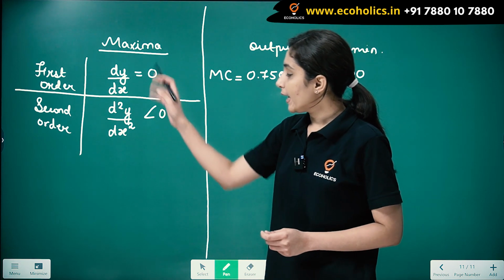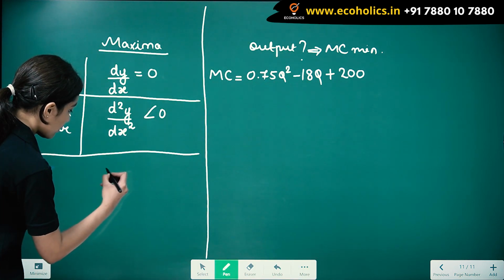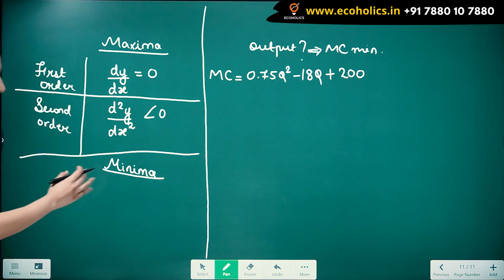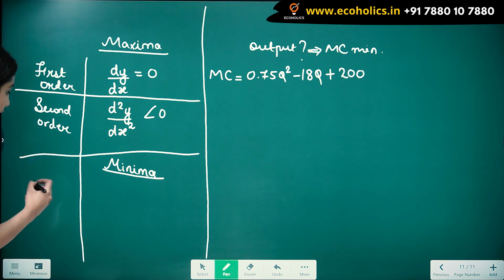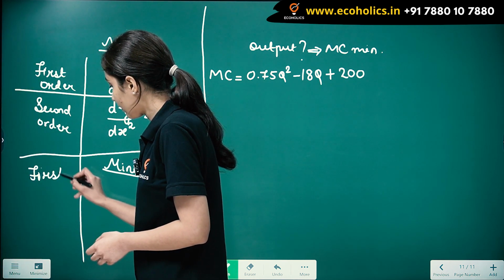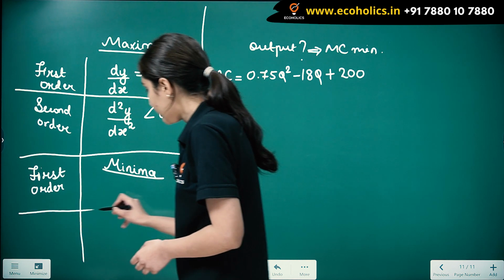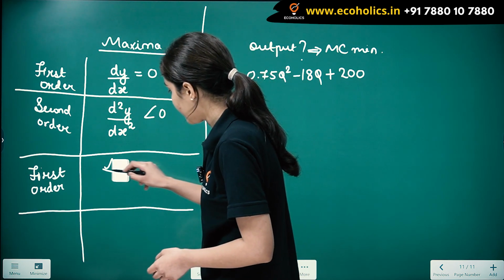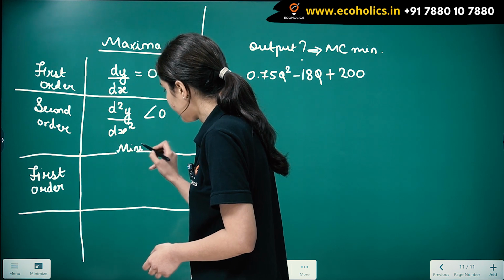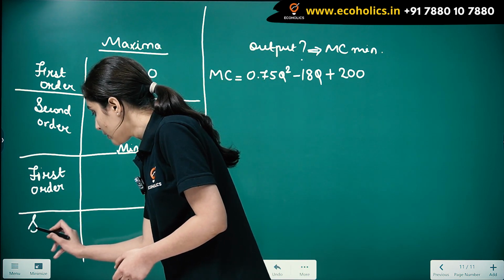Now similarly, we have two conditions for minima as well. So for minima, or for finding the minimum value, we have first order condition and we have second order condition.